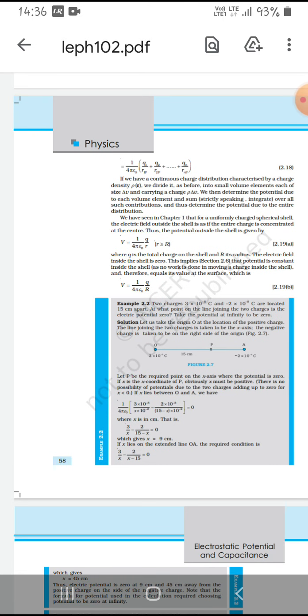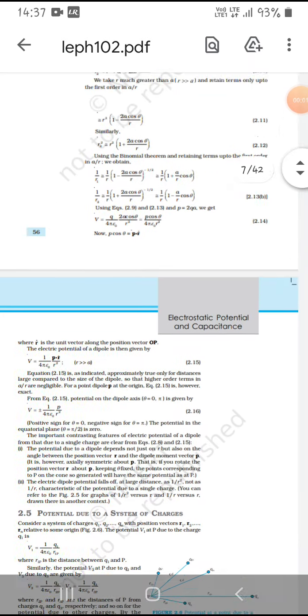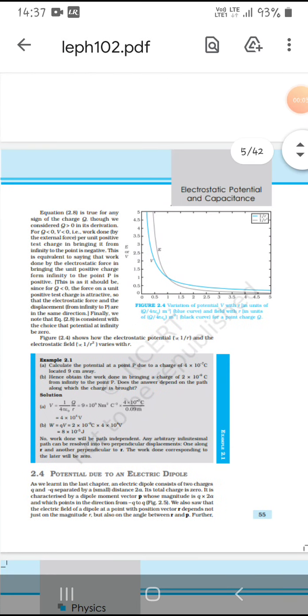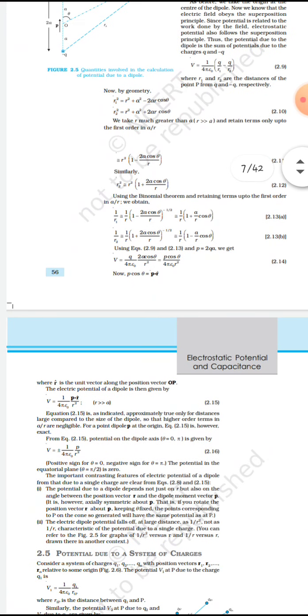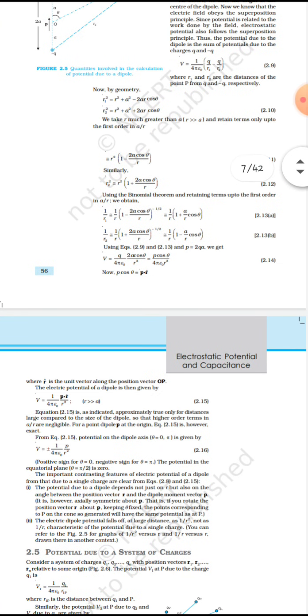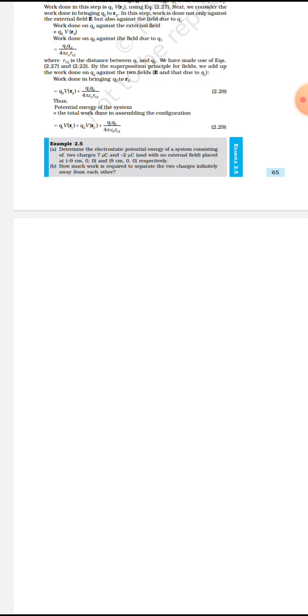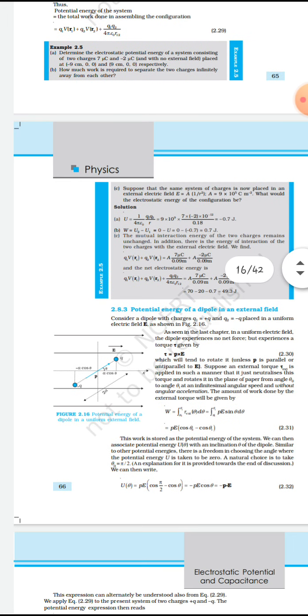Here in the dipole, as I was explaining, we got the formula with cos theta. We are putting that dipole formula in the external field, or electric field.